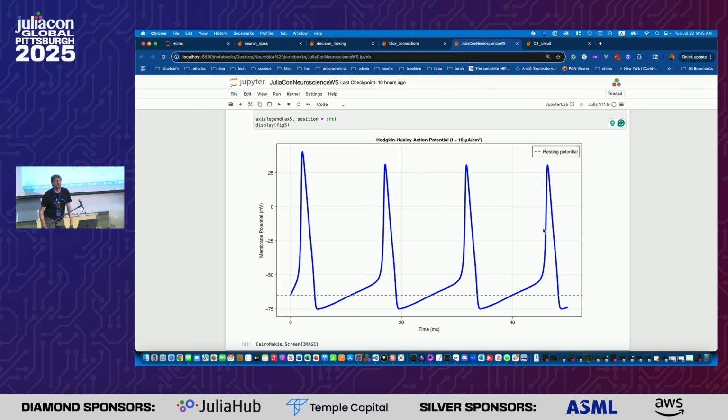And that's why Hodgkin and Huxley received a Nobel Prize for their work. You can see that a typical neuron firing has a very sharp spike, and then a refractory period where it goes below the resting potential.